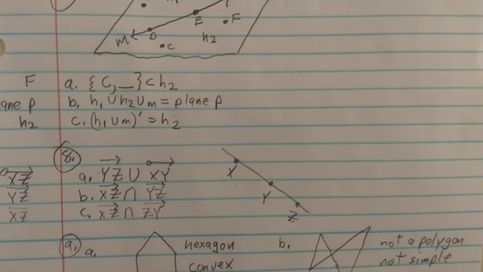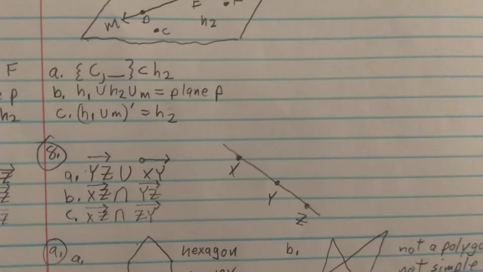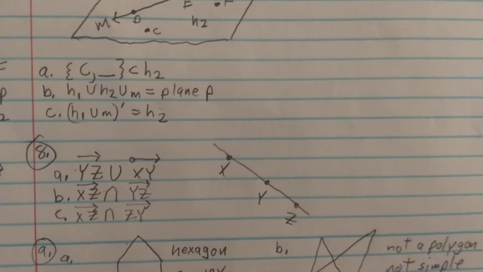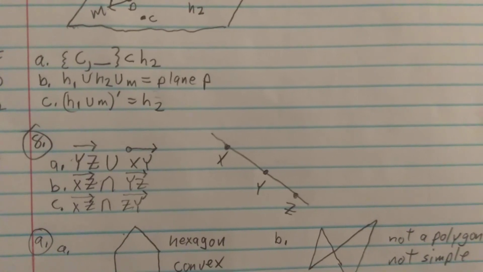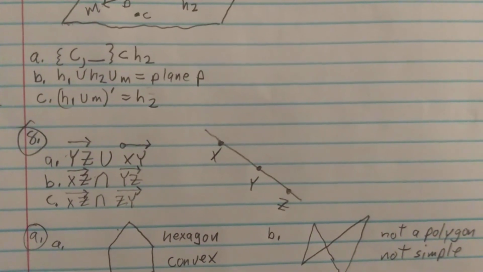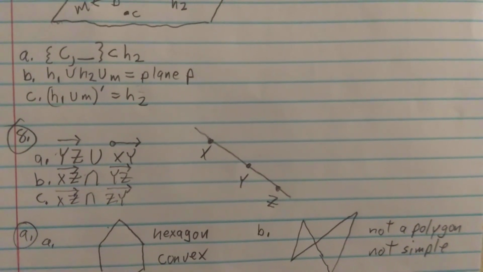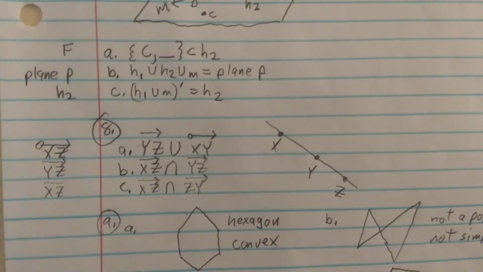Now for 8, we have YZ, starting at Y going down towards Z, unioned with the half line XY, which goes at X, which is open, and then goes on down towards Z. Now since this is a union, we take in everything. So this would give us the answer of the half line XZ.